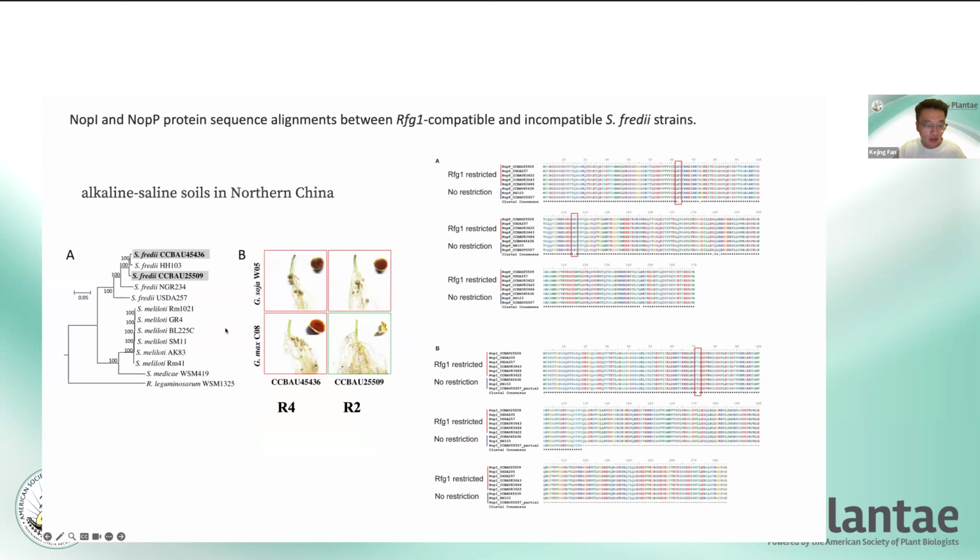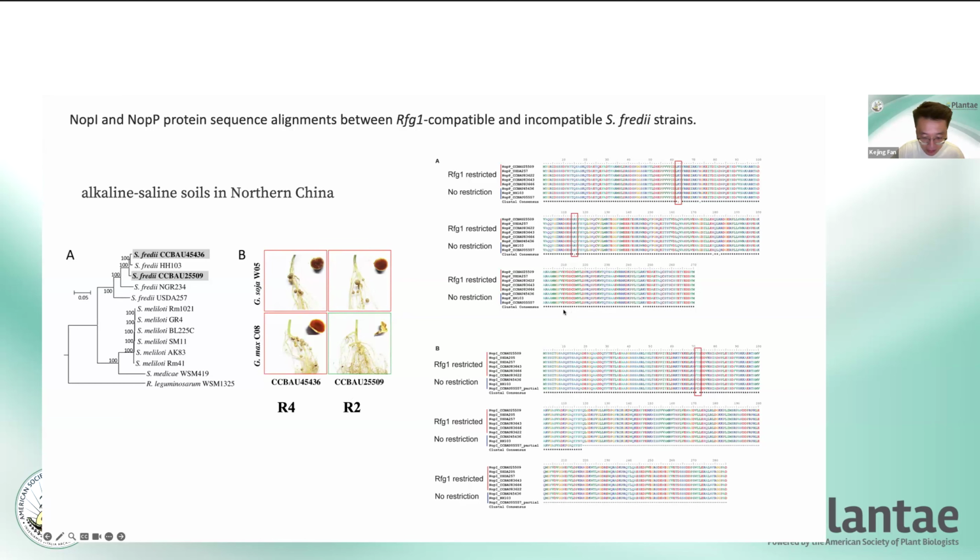In our research, we used two dominant rhizobium strains from the alkali-saline soils in northern China. Here we call them R4 and R2. R4 could form nodules with both the wild soybean W5 and the cultivated soybean C08, but R2 can only form nodules with the wild soybean W5. W5 is an RG2 loss-of-function line, but C08 is a functional line.